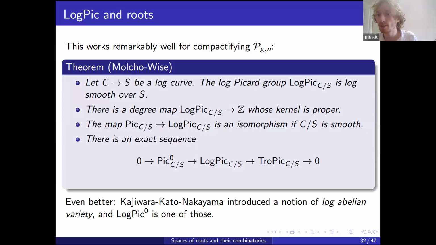So abelian varieties in the world of schemes are smooth and proper groups, and that turns out to have very drastic consequences. And when you go to log schemes, now there's a few more smooth proper groups. And so the correct analog of abelian varieties are objects that are really rigid and well-behaved. So Kajiwara, Kato, and Nakayama have talked about those a lot.